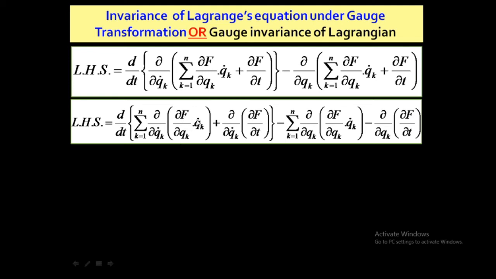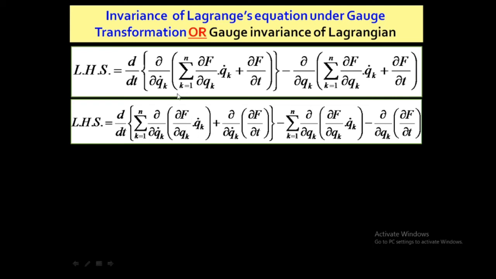So if there are two functions, we can use the product rule of the derivative: first function times derivative of second, plus second function times derivative of first.